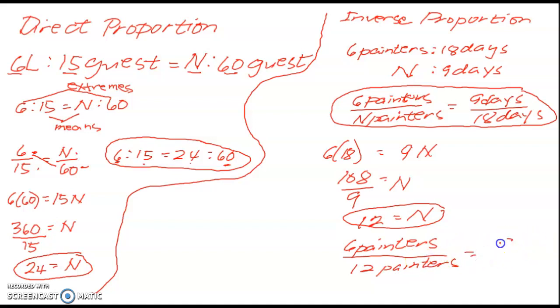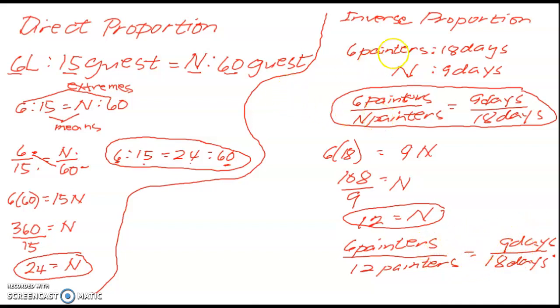Is equals to 9 days over 18 days. Okay, so kapag 18 days, kailangan niya ng 12. Kapag 9 days, kailangan niya ng 6 painters lang. Okay? So, parang ang ratio niya is 1:2 ang ratio niya. So, this is the inverse proportion.